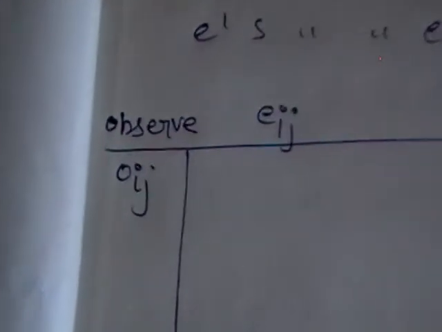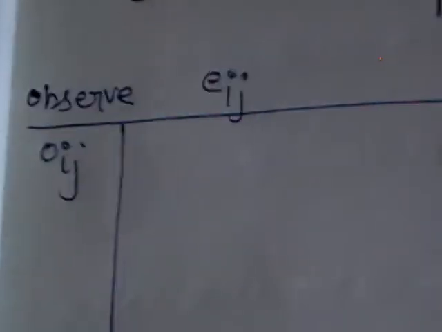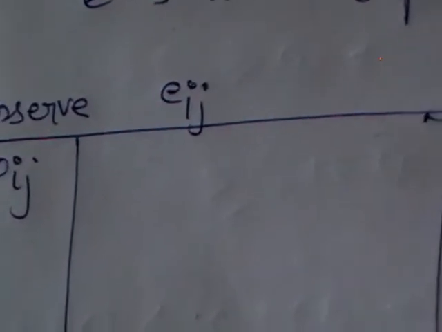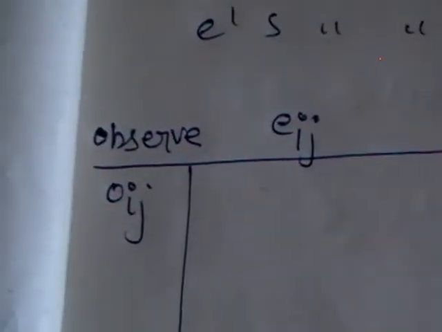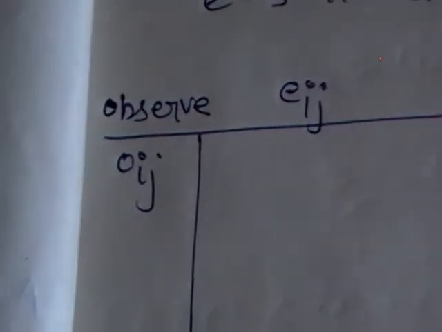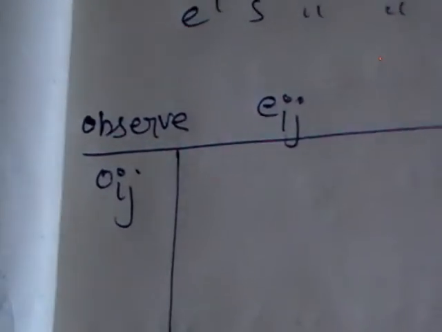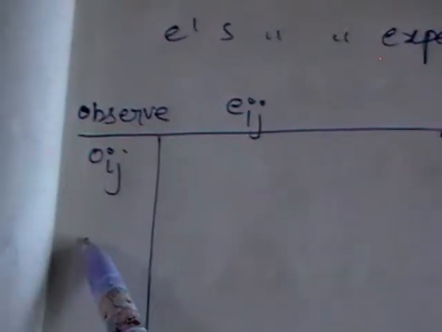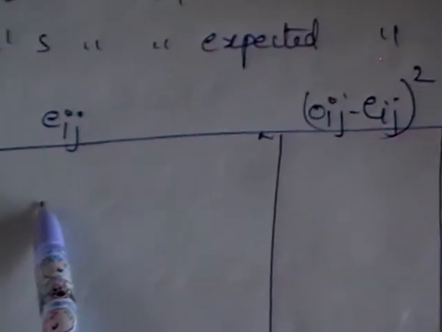For that, first identify the order of the table. We have 3 rows and 3 columns. We call this a 3 by 3 classification. Then always the given frequencies or the given values are called the observed frequencies. Then using observed frequencies you should calculate expected frequencies.